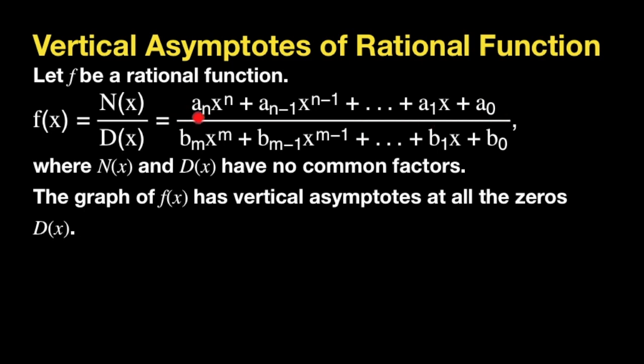So this means that this is going to be a polynomial divided by another polynomial. And something very important that we have right here is that they have no common factors. So we have two polynomials, one dividing the other, and we know that there are no common factors between the two polynomials.